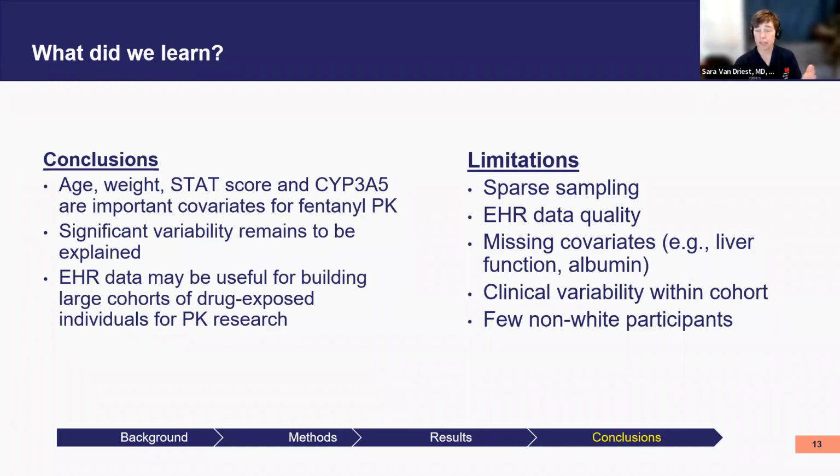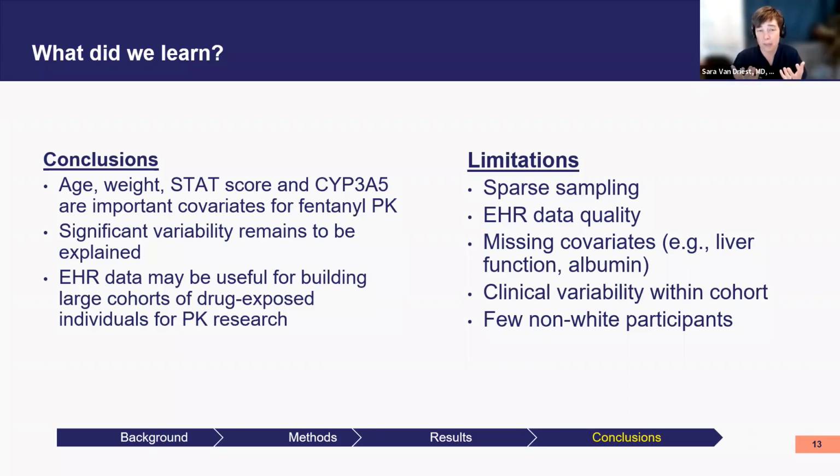There's a lot of clinical variability within this cohort of kids who undergo cardiac surgery, everything from having a relatively routine procedure to very complex congenital heart disease repairs. And along that spectrum is also a spectrum of how sick these kids were in their postoperative course.